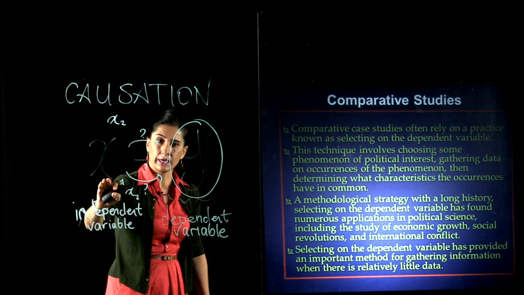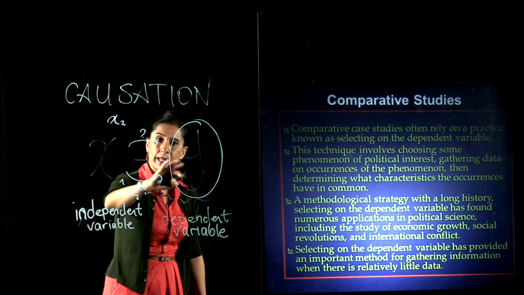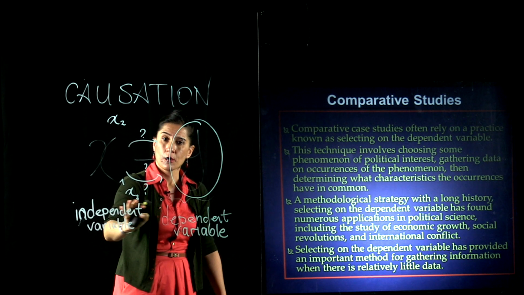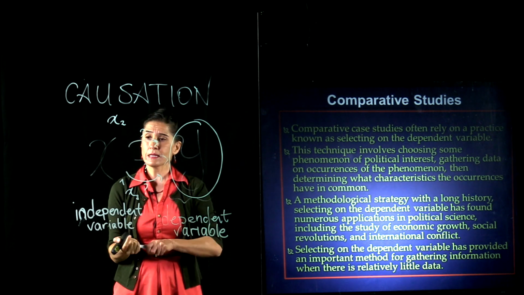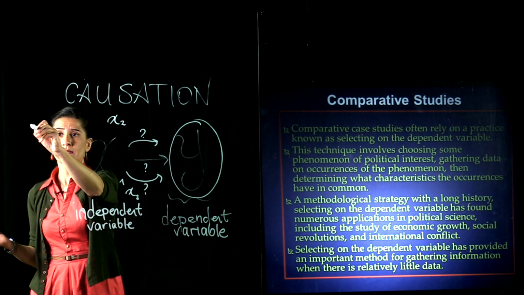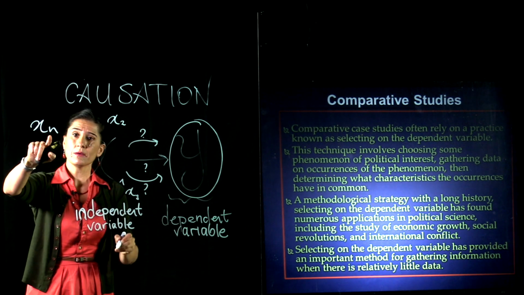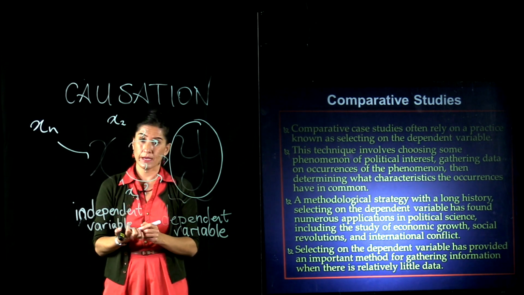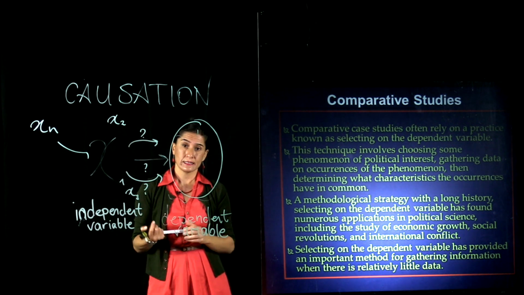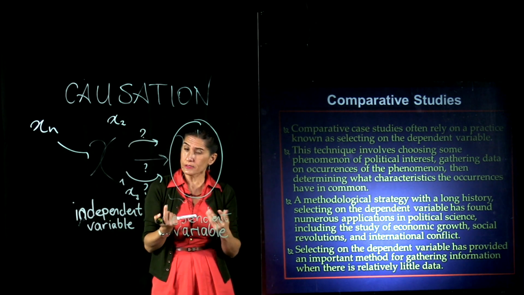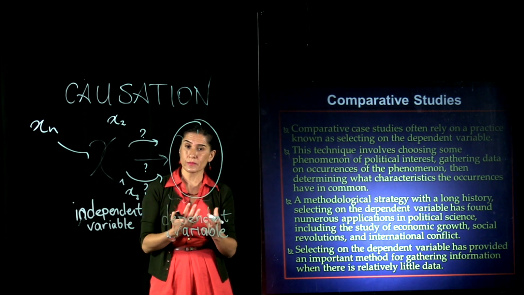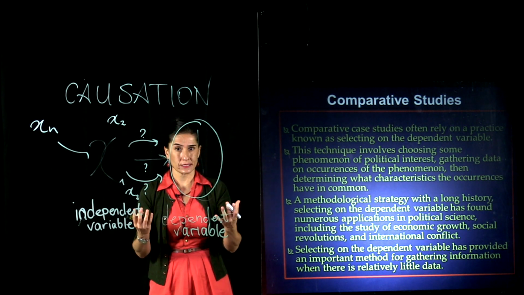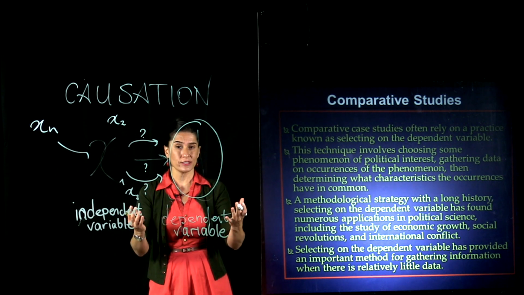In every revolution you will have X and Y together, but perhaps there is something else causing both X and Y. So there are still some question marks in this strategy.